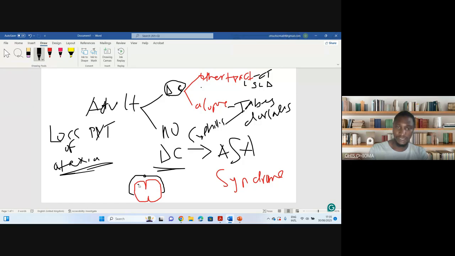So it means that the anterior horn, this is the anterior horn, this region here is affected basically. Everything from here like this, everything here.